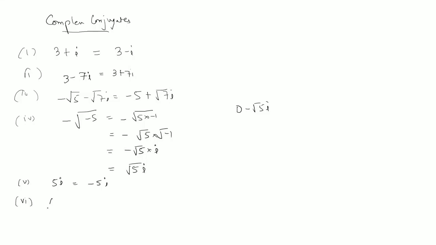Sixth one, we got root of 5 minus I. So the answer to this is root of 5 plus I. The next, seventh one, root of 2 plus root of 3i. That gives the answer as root 2 minus root 3i. Then cos theta plus I sin theta. We just have to change the sign of the imaginary number: cos theta minus I sin theta. So this we have finished.